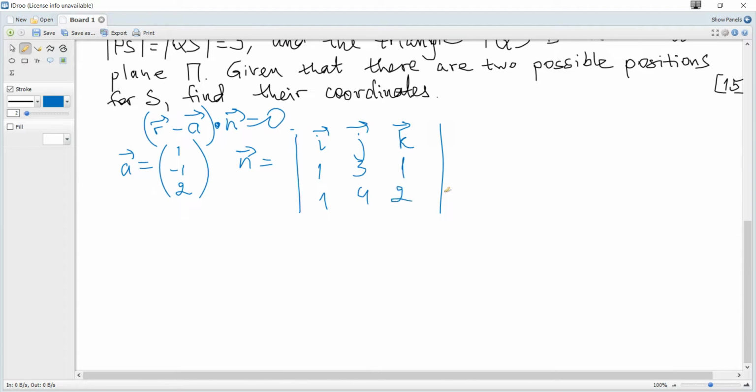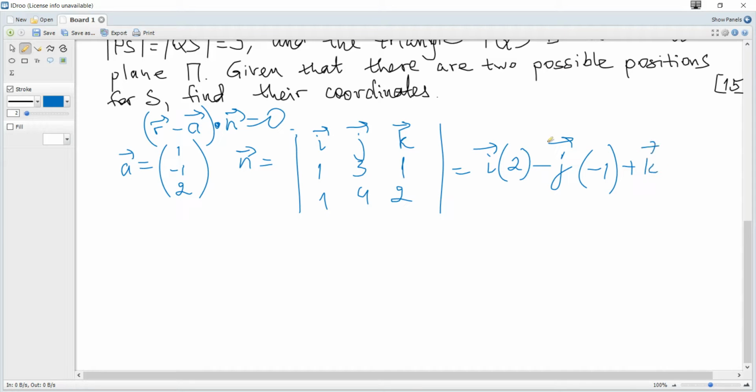It's i, always plus i, and the determinant of this 2 by 2 matrix, it's this product minus this product, so it's 6 minus 4, 2. Minus j, always minus j, and the determinant of this 2 by 2 matrix, it's 2 minus 1, 1, so minus j times 1 gives negative 1.